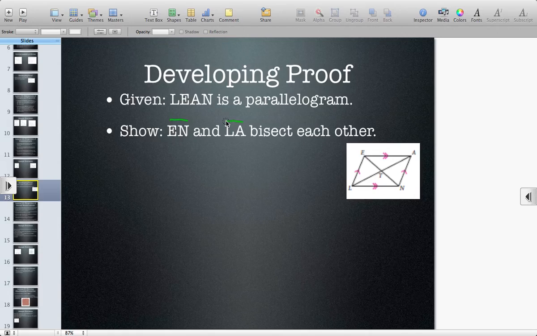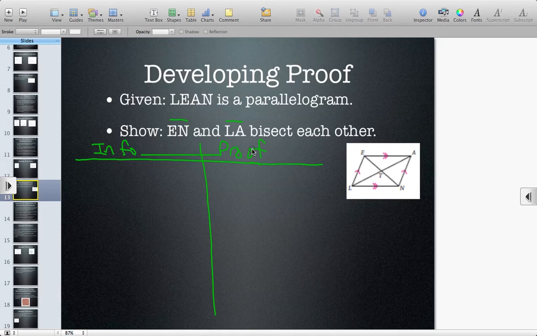A couple of different ways you can set this up: use a paragraph proof, a flowchart proof, a two-column proof, whatever you want to do. I'm old school, so I like to use the two-column proofs. I'm going to go out quite a bit further because I want to have some space to write here. So, the information, and then why.